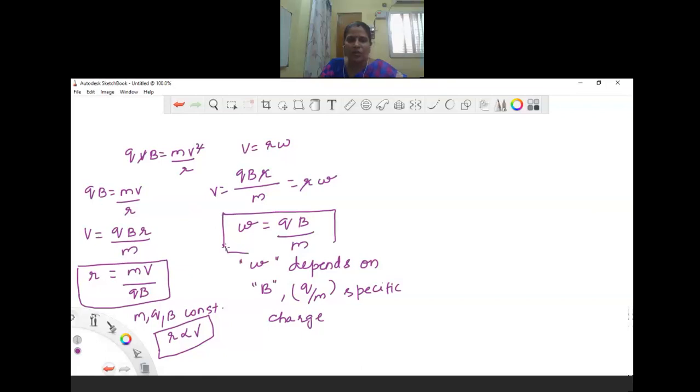Okay. So first we have got the expression for velocity and the expression for radius. Now this is for angular velocity, and q by m is the charge to mass ratio. Now we are going to calculate the time period formula, and frequency also.